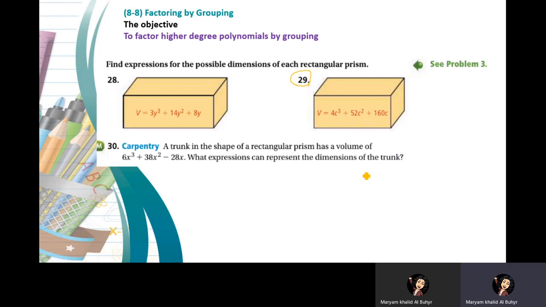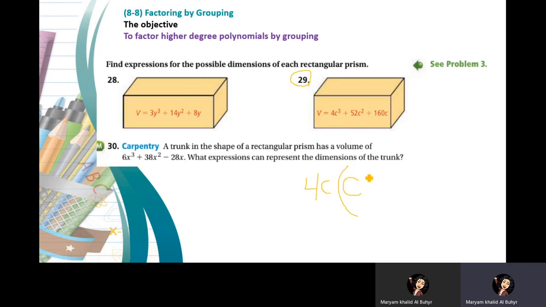I have C in all of them, so immediately I will take C. Now, is 4 common between all of them? I'll double check with my calculator: can I divide 52 by 4? Yes. 160 divided by 4, yes. So 4C is common between all of them.